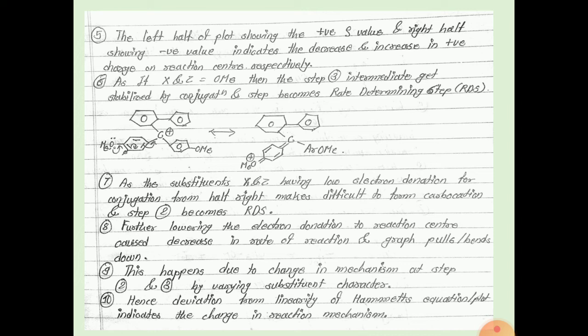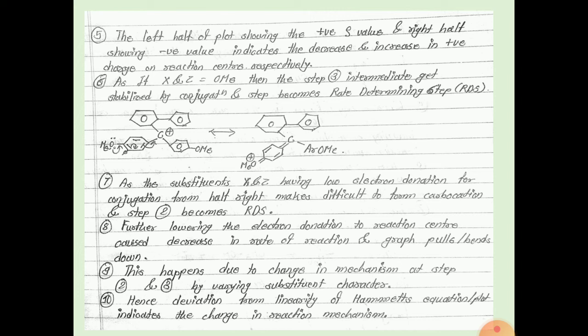In that reaction, firstly the formation of the carbocation is stabilized by the methyl group. As the substituents X and Z have low electron donation for conjugation, on the right half it becomes difficult to form the carbocation and that step becomes the RDS.